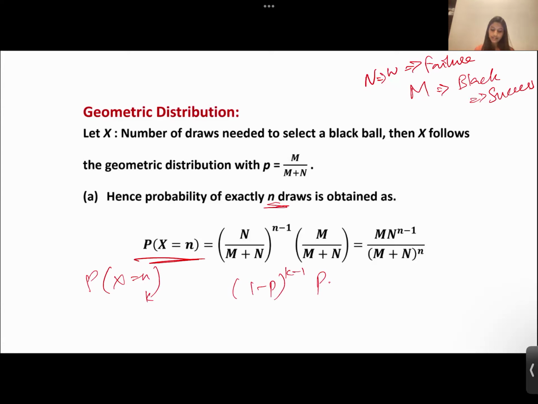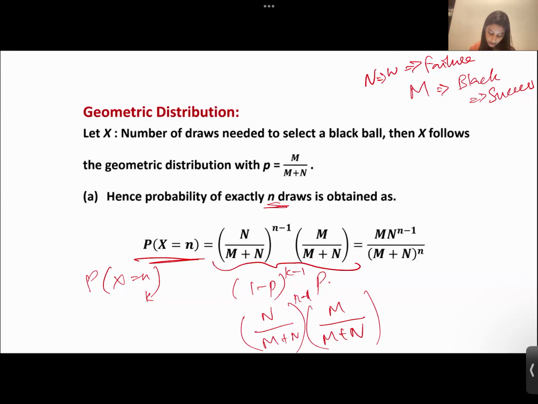The probability of getting a black ball would be m, the number of black balls, divided by the total number of balls, which is m plus n. This is p. Your failure is when you get a white ball, so the number of white balls divided by the total number of balls again. So here it will be n minus 1 or k minus 1, whatever is convenient for you. When you solve this whole thing, you will get this value.